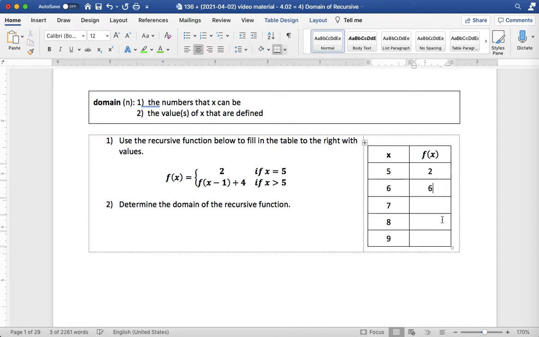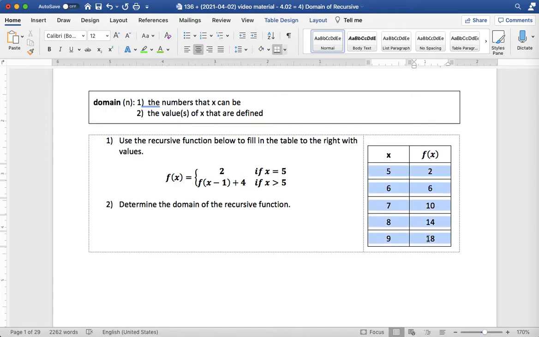So 6. This one right here is equal to 6 plus 4. This one is equal to 10 plus 4. And this one is equal to 14 plus 4. Okay, there we go. So what is the domain for this particular recursive function?